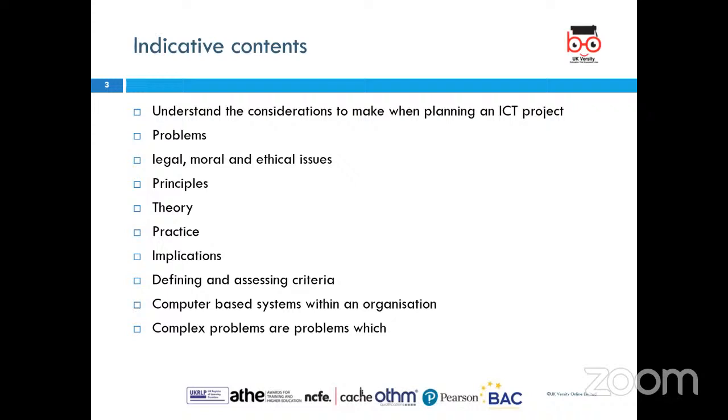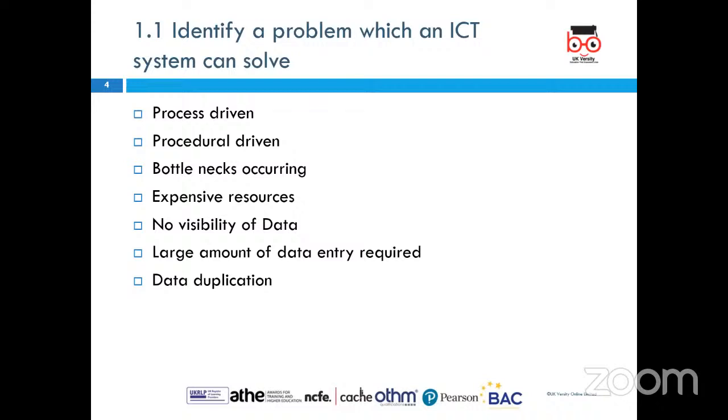We're also going to define and assess criteria for computer-based systems within an organization, and more complex problems and how they are resolved. From our first unit, we're going to identify which ICT system can solve them.